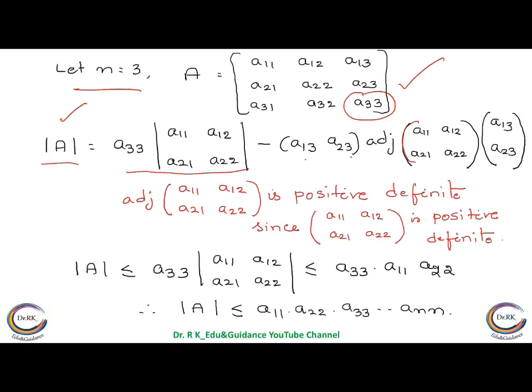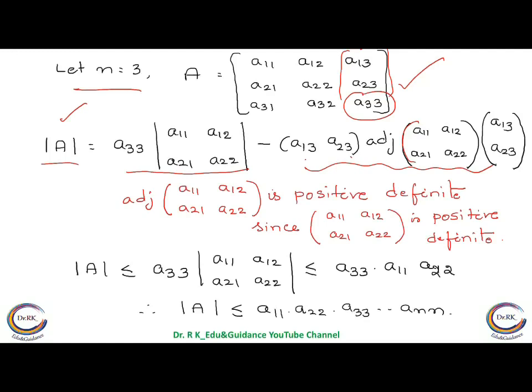We are not going to write it out fully. Here we are expanding the determinant along this row, so first a33 into its minor or cofactor, minus similarly a13 and a23, which can be written like this; you can verify it.